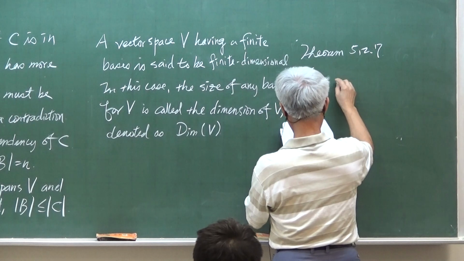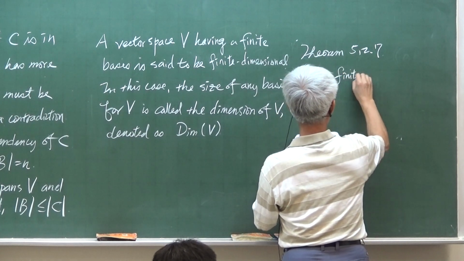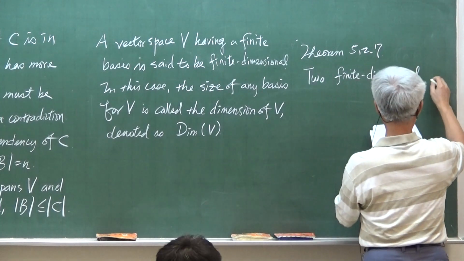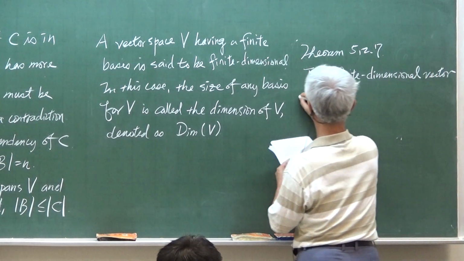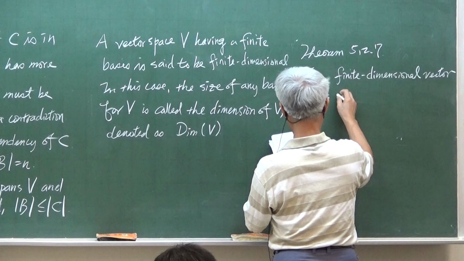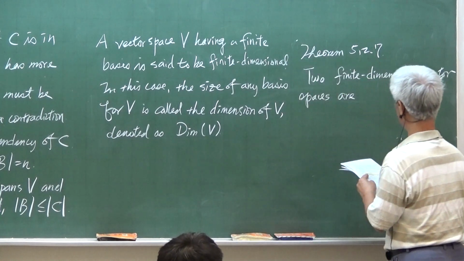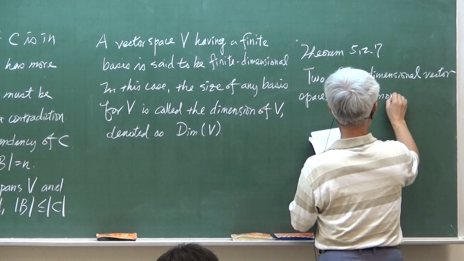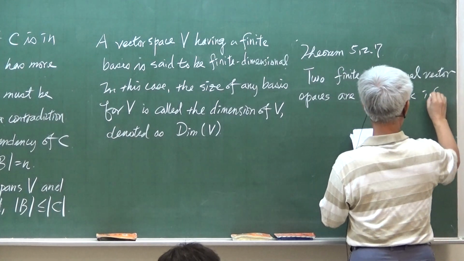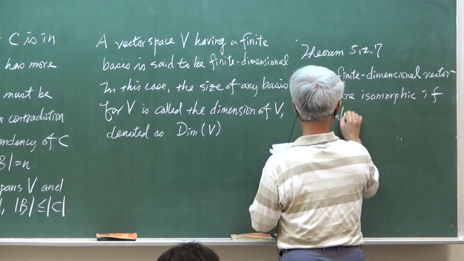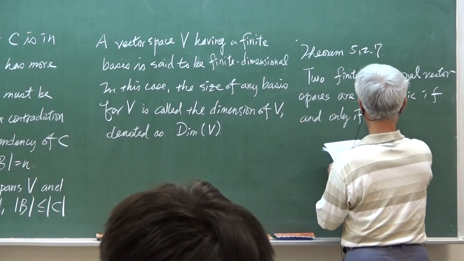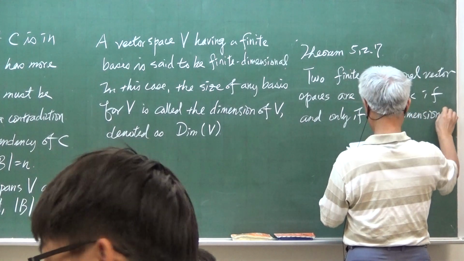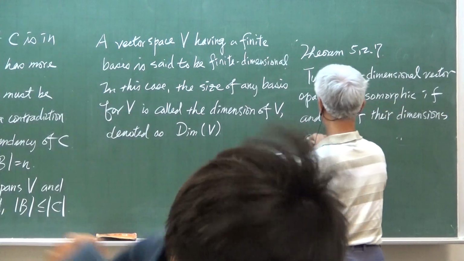Now, if we consider two finite dimensional vector spaces, they are isomorphic if and only if their dimensions are the same.